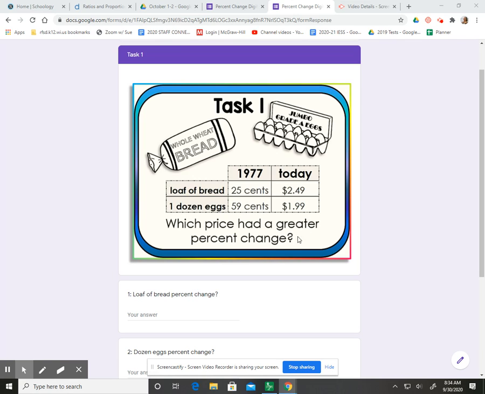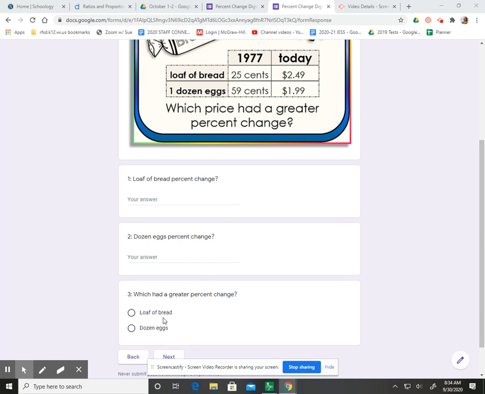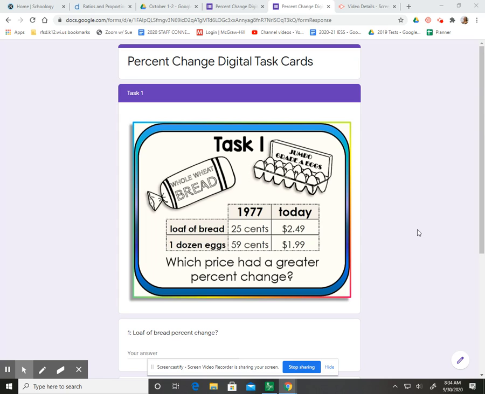Which price had a greater percent change from 77 to today? So we have to find the percent change of a loaf of bread, the percent change of the dozen eggs, and then decide which one was a greater percent change. We'll do that for about 16 of these cards. It sounds crazy, guys, like it's a lot, but it's really not. Once you get the hang of this, it's going to go by really quick.